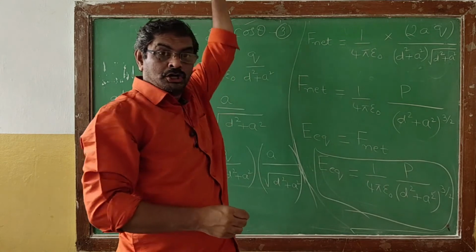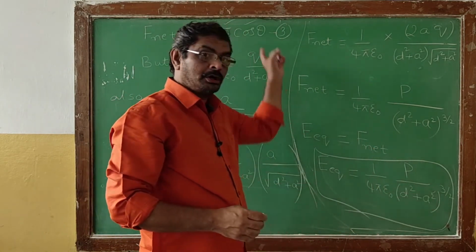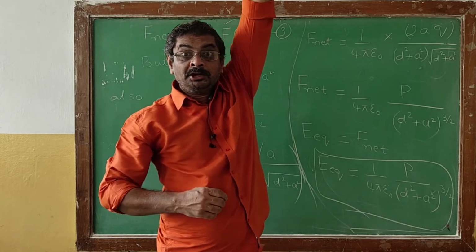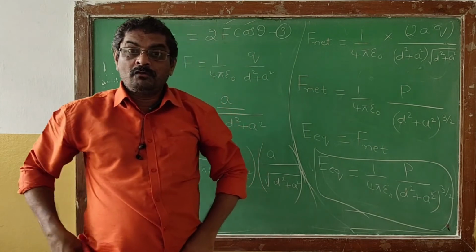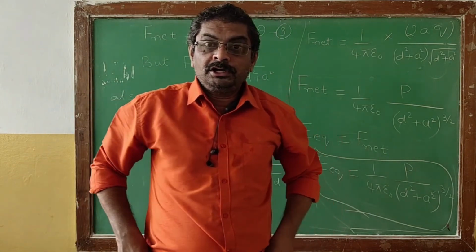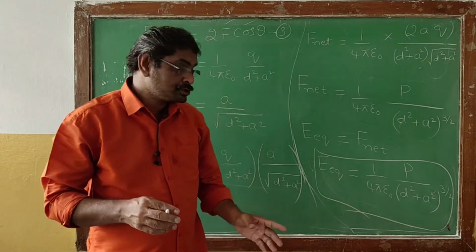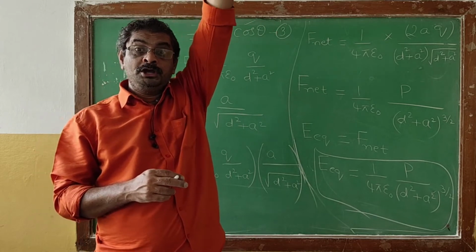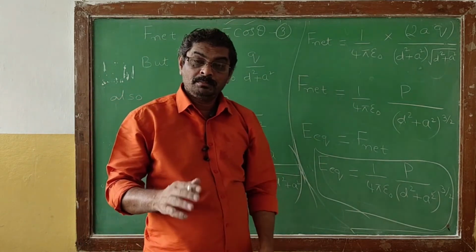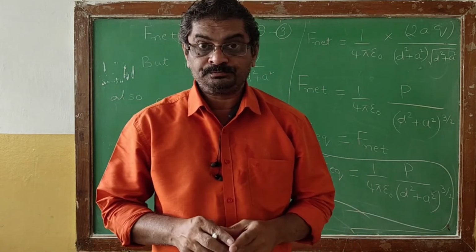So remember, the electric field on the equatorial line is given by the formula 1 by 4 pi epsilon naught, P divided by (d square plus a square) whole power 3 by 2.